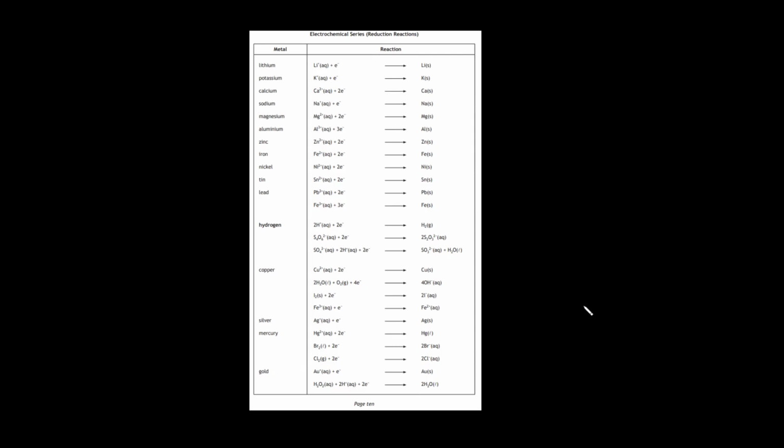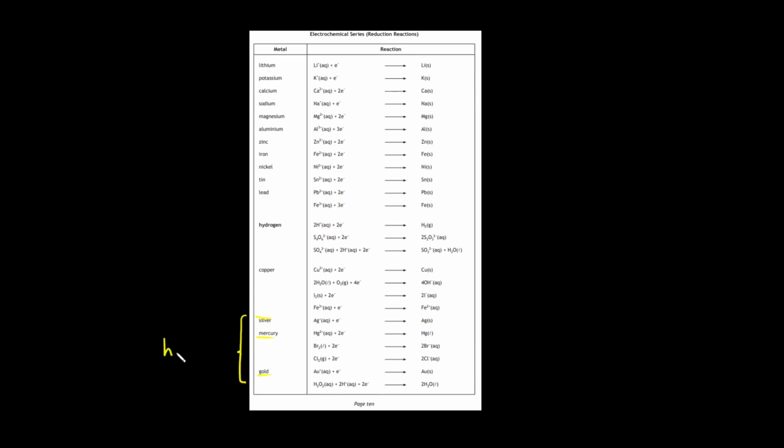And we also need to know which metals will be extracted by which process. So the first extraction method that we talked about there was just heating. That is the simplest extraction method there is, and that only works for unreactive metals, only works for silver, mercury and gold.